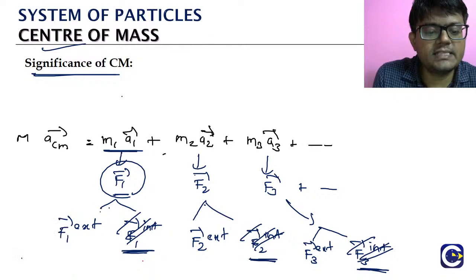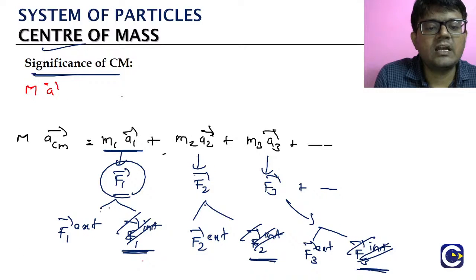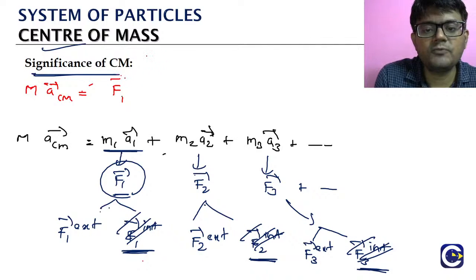Once that is 0, look at what remains: the mass of the total system into the acceleration of the center of mass is equal to only the external force parts. Only the external force parts will be remaining.